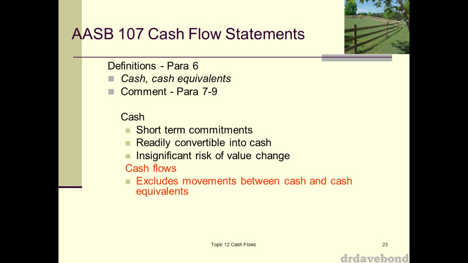Not for answering in this subject, or you're not going to be asked a question on this sort of thing, but if you had cash sitting in a bank account in a foreign country and the exchange rate historically between that country and your country has fluctuated wildly, would you consider that to be an insignificant risk of value change? Because that's cash.